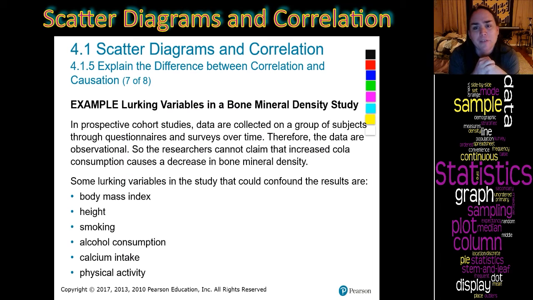So some lurking variables could be body mass index, a person's height, maybe the taller they are, that affects their bone mineral density. If you smoke, all kinds of bad things happen to your body. If you drink too much, bad things happen to your body. The more calcium you take in, the higher your bone mineral density is. And any kind of physical activity could cause a change in it.